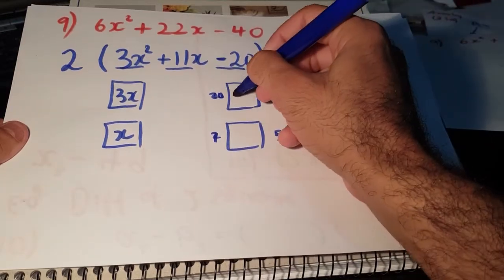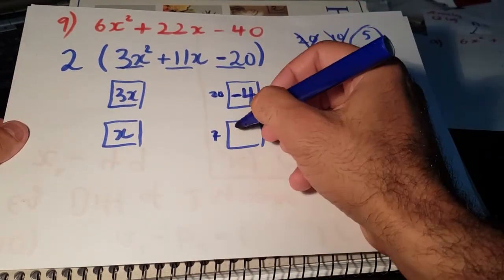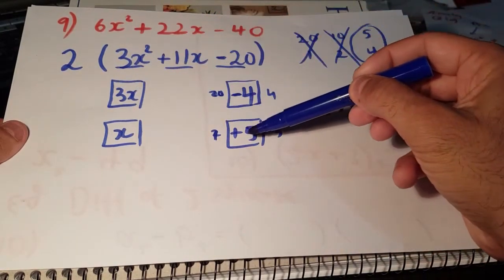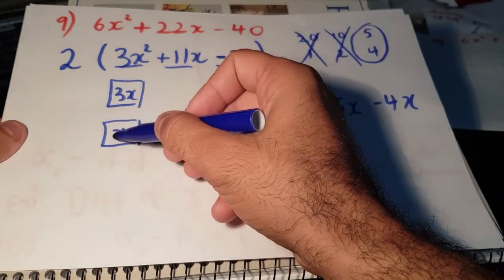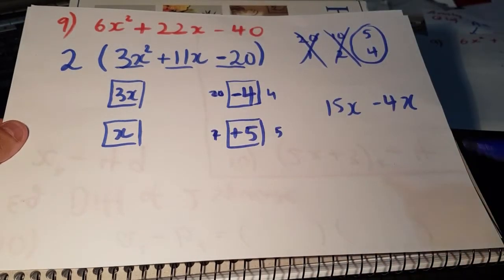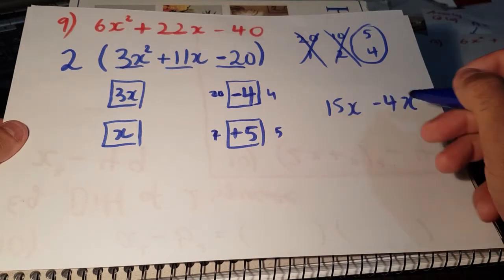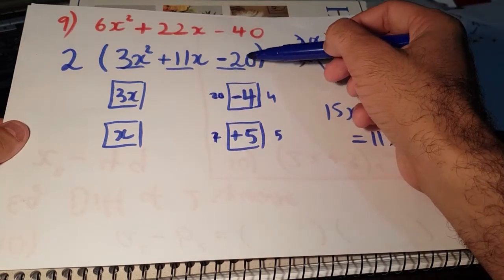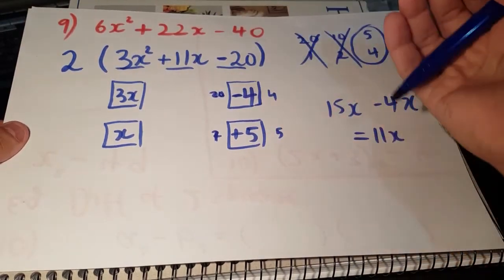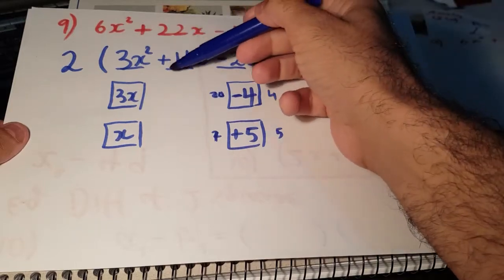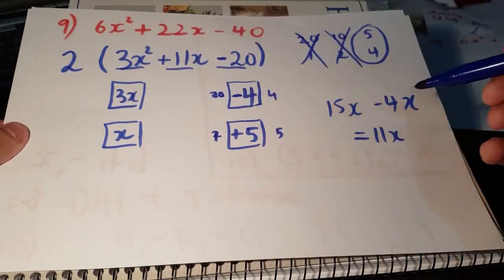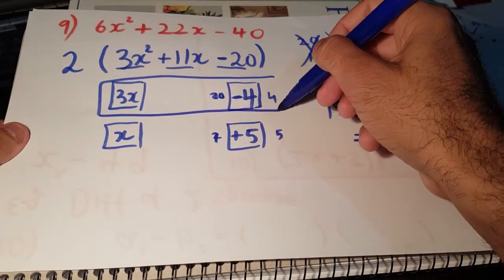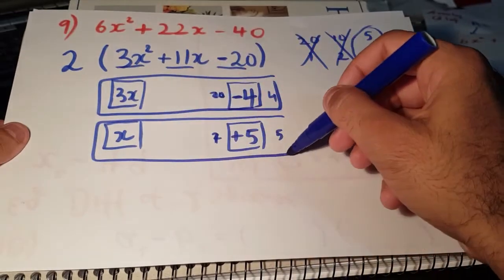We should put negative 4 here and positive 5 there. That's 15x, and negative 4 times x is negative 4x, and 15x take away 4x is equal to 11x. So this times this is negative 20. When we cross multiply and combine them, do we get 11x? We do. So this here is our bracket, and this here is our bracket.